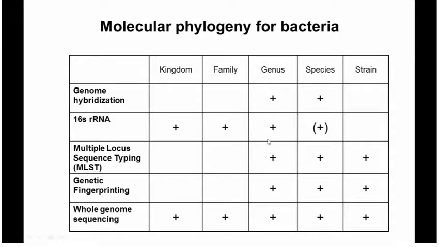And two methods really are perhaps the most useful: 16S RNA for high-level taxonomic classification, and whole genome approaches, because sequencing has become very much cheaper in the last 5 or 10 years. So more and more, there's no point fiddling around with sequencing 10 or 15 or 20 genes that you've chosen. Just sequence the whole thing and put it in the server to figure out the classification.